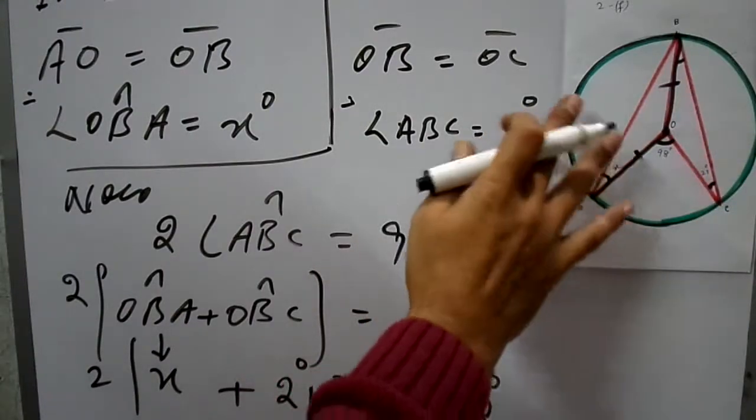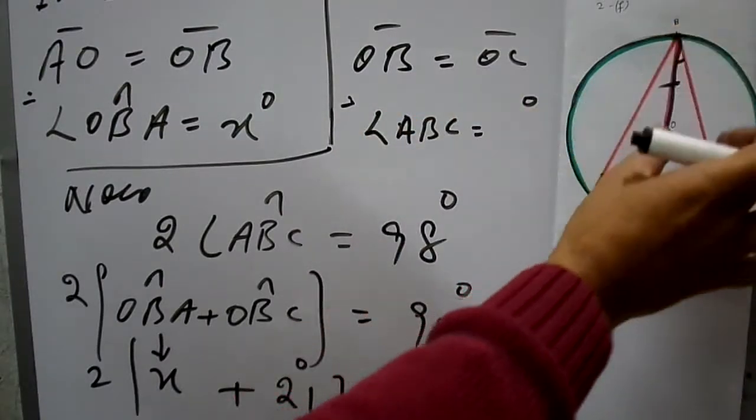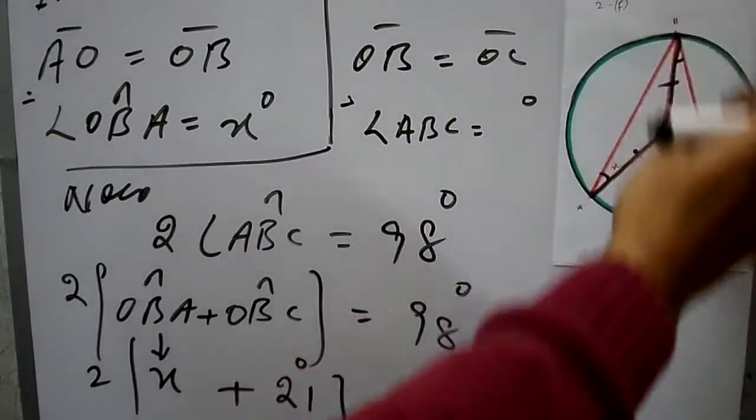That is actually 21, because OB is equal to OC in triangle OBC.